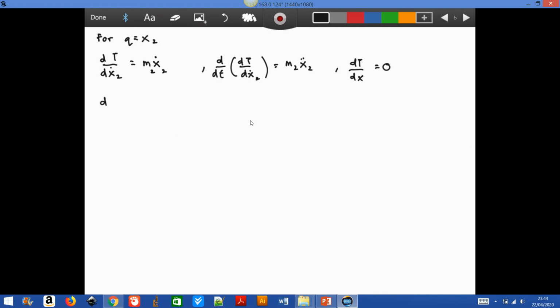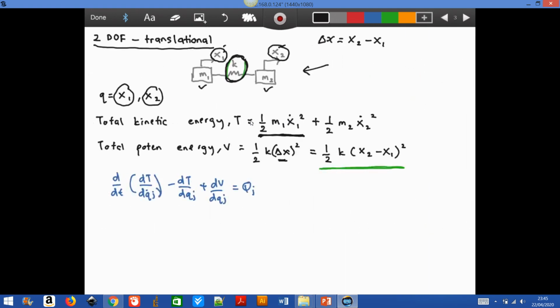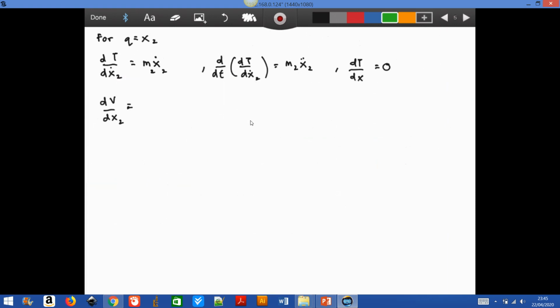So for the potential energy, dV over dx2, now we're going to differentiate this one towards x2. So we will get k (x2 minus x1).